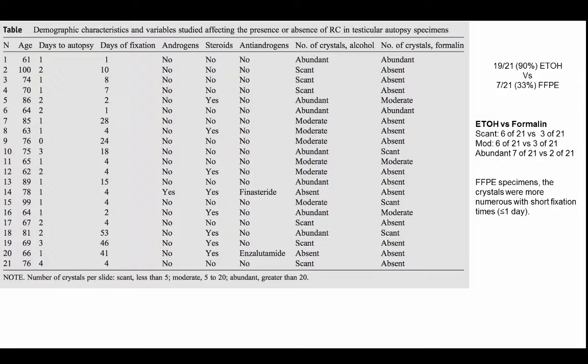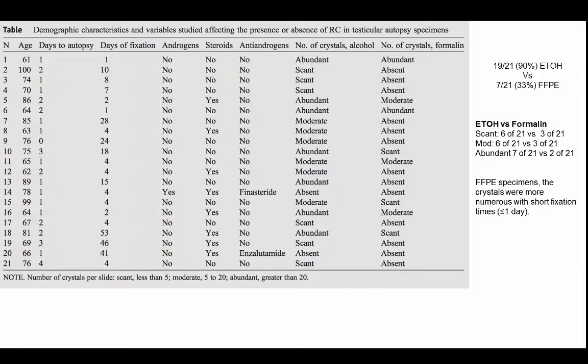We found Reinke crystals in 19 of the 21 cases within just normal Leydig cells in the alcohol fixed preparations, versus only 7 of the 21 cases that were fixed in formalin. So much more in the alcohol cohort. We semi-quantified the number of Reinke crystals present on each slide. If it was less than 5, it was considered scant.